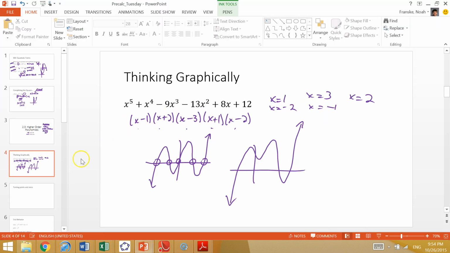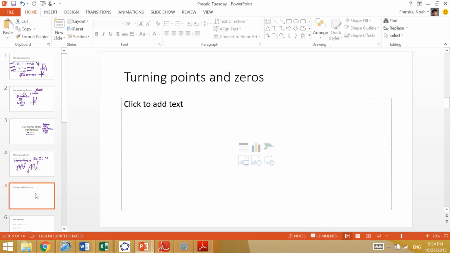So this is what leads us into this whole idea of what's happening with these turning points and the zeros of the polynomial. So if you have a function f of x, oh, we changed colors. That always happens when I switch. I'll go with red for a little bit. So if we have f of x equals a sub n x to the n plus a sub n minus 1 x to the n minus 1, etc., that long polynomial definition, and then last we finish with a sub 1 x plus a sub 0.